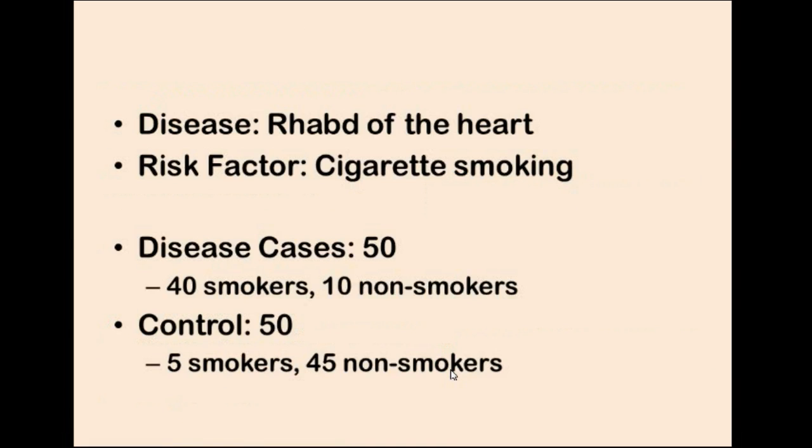And you don't even have to remember the table, as long as you remember that you're taking the people who have the risk factor and have the disease, amongst the people who have the disease. So risk factor and disease, which is 40, multiplied by the people without the risk factor and without the disease. In this case, 40 times 45, divided by the multiplication of the others, which would be 5 times 10. So 40 times 45 divided by 5 times 10, right?